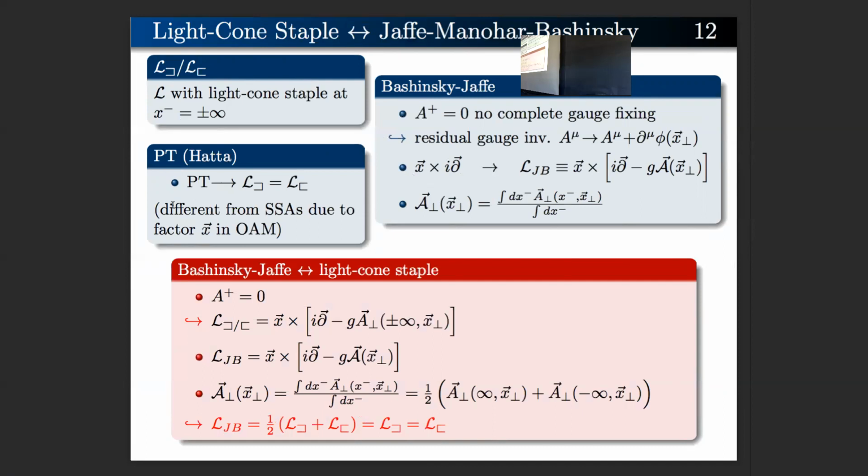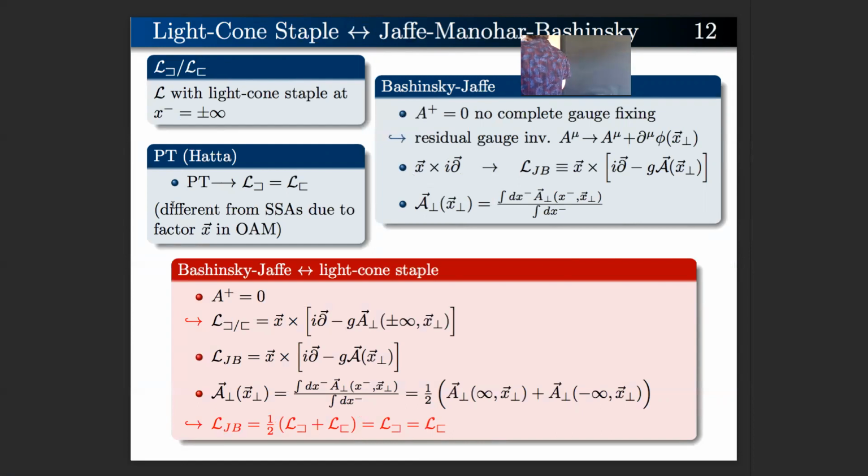There are still residual gauge transformations that leave A plus equal to 0, but change the gauge field, where you add the derivative of a field that only depends on the transverse position. And so, just selecting light-cone gauge, you haven't completely fixed the gauge.